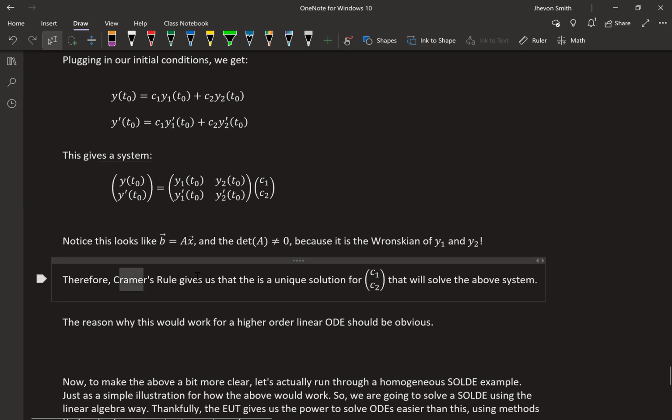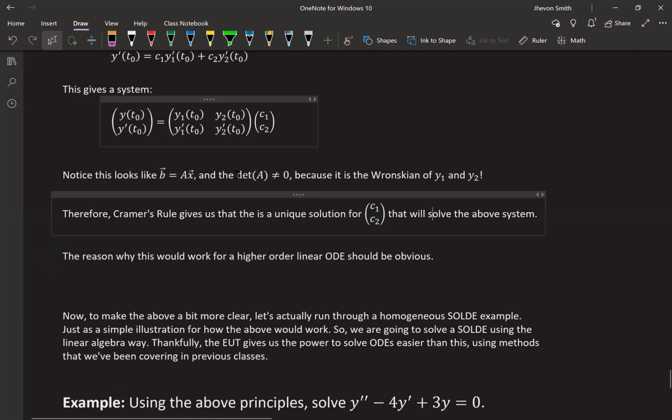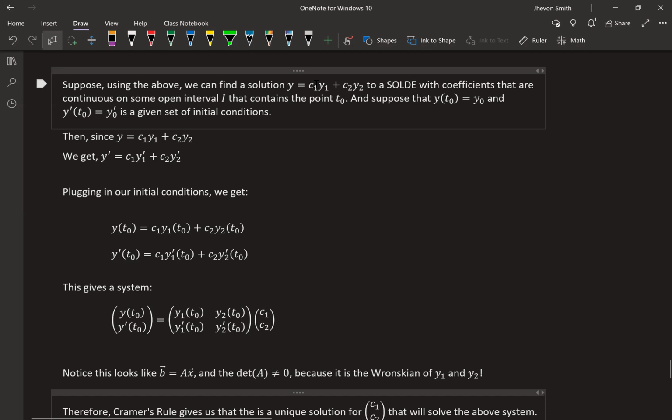That follows by Cramer's rule. And so that's how I can know there's going to be a unique choice of c1, c2, c3, etc. that is going to fit any random set of initial conditions someone gives me. Because when I throw it into a system, Cramer's rule forces me to be able to solve for and find a unique solution.